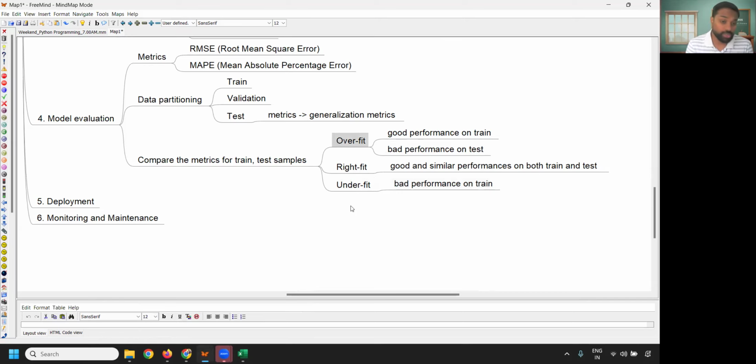There will be a few students who perform really well in the prelims, and in the main exam they will fail. That is called the overfit case, because the students may have memorized shortcuts to remember the questions and answers. So they get good marks in the prelims, because prelims are generally done on historical exam questions only.